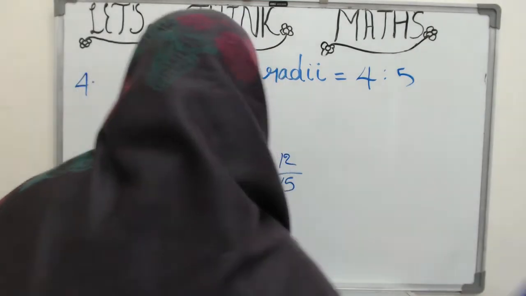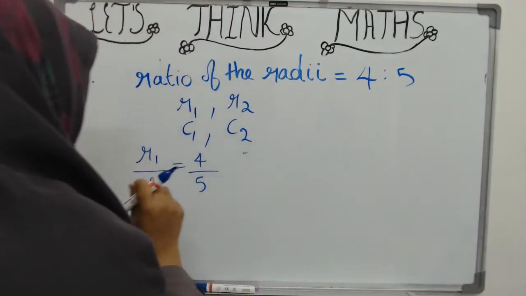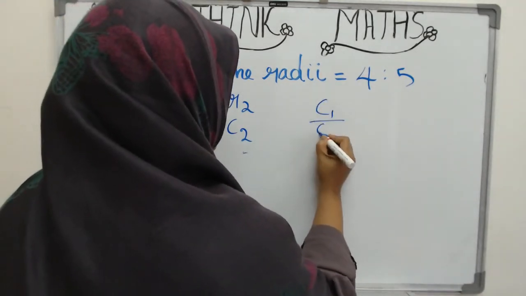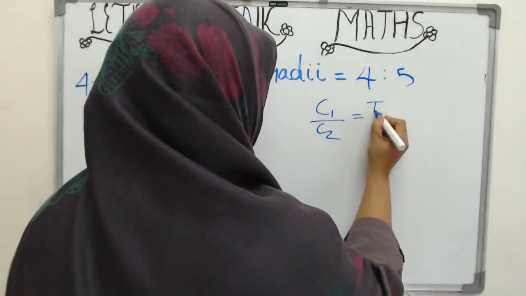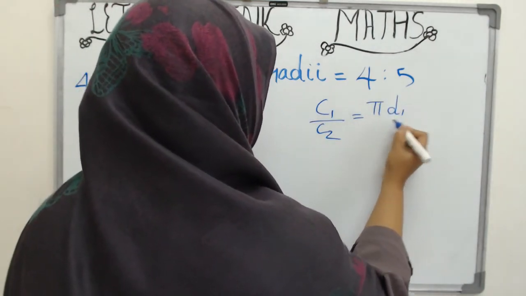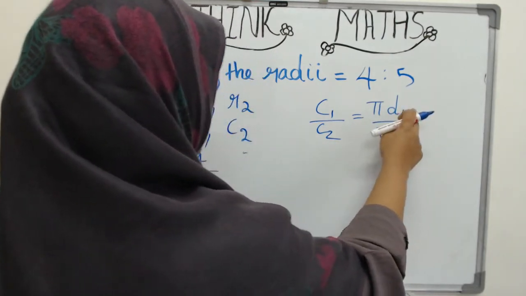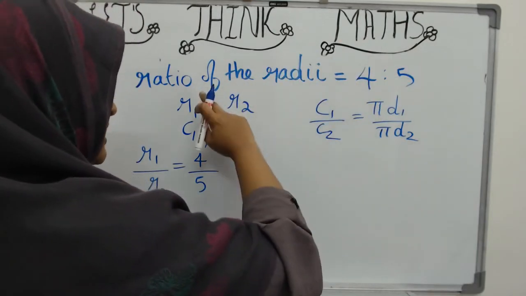So the question is, if the ratio of the radii is 4:5, then what is the ratio of their circumference? Now what is C1? It will be pi D1 and C2 will be pi D2, where D1 is the diameter of the first wheel and D2 is the diameter of the second wheel.